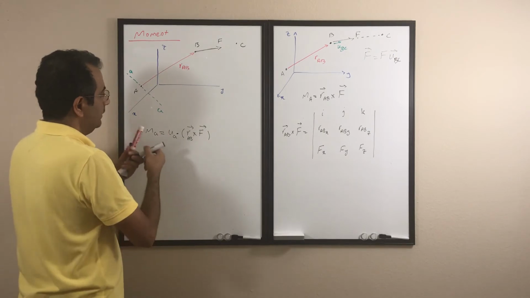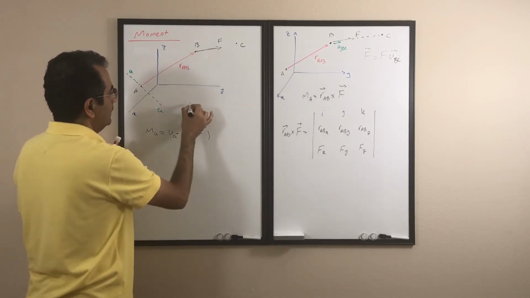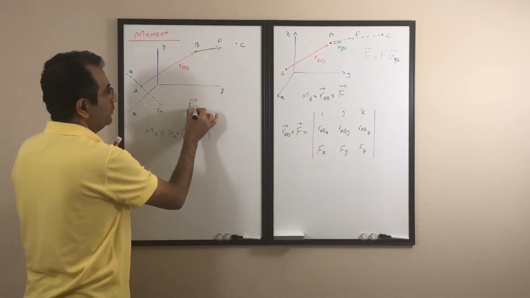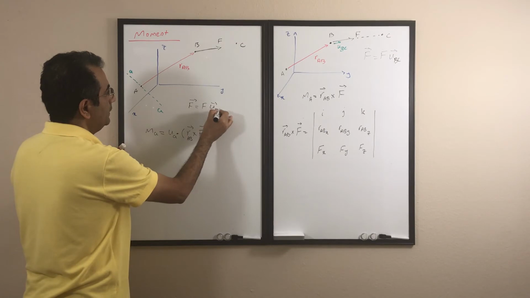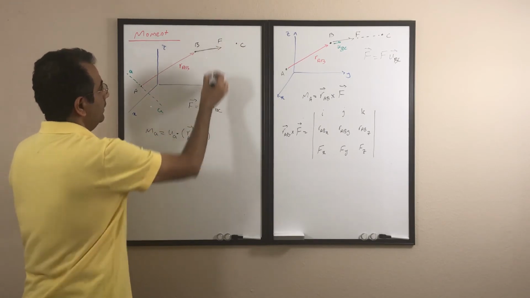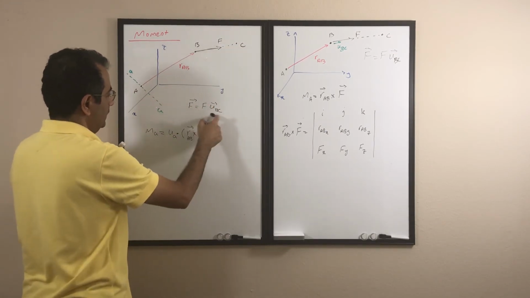That's how we will find the F, the same as here. The F is going to be F times UBC.